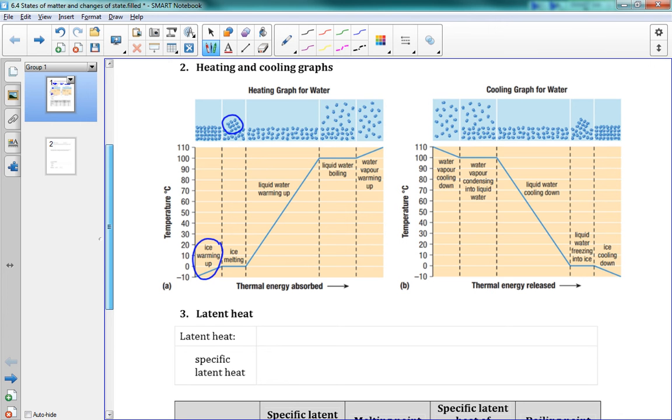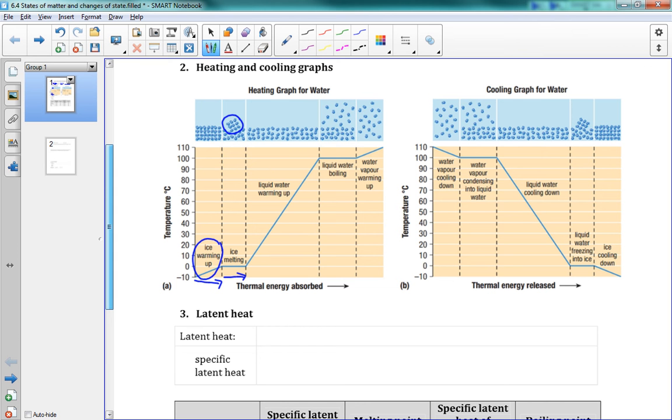So you can see that here, as we put in more energy, the temperature goes up a bit. Over this period, we keep on putting in more and more thermal energy, and the temperature doesn't change at all, because all that energy is going into changing the state from solid to liquid.